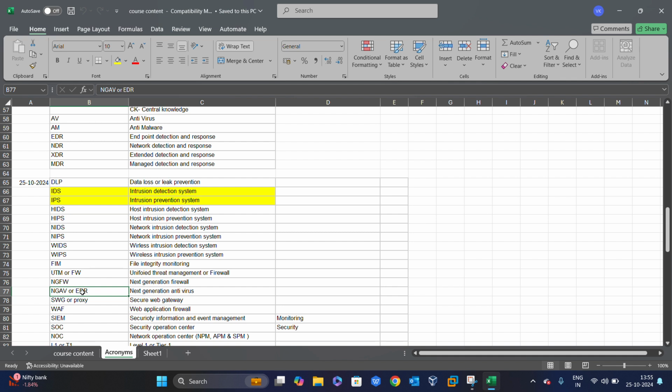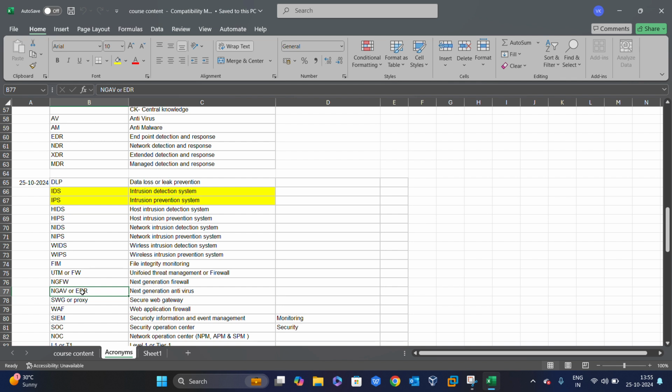Next one, WAF. WAF is web application firewall. We have 7 layers in the OSI. The seventh layer is the application layer. And yesterday itself we discussed one concept called OWASP.